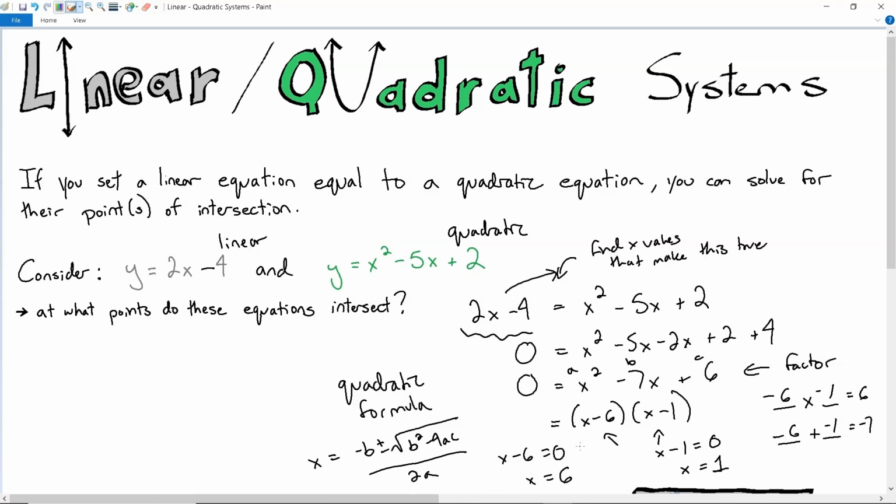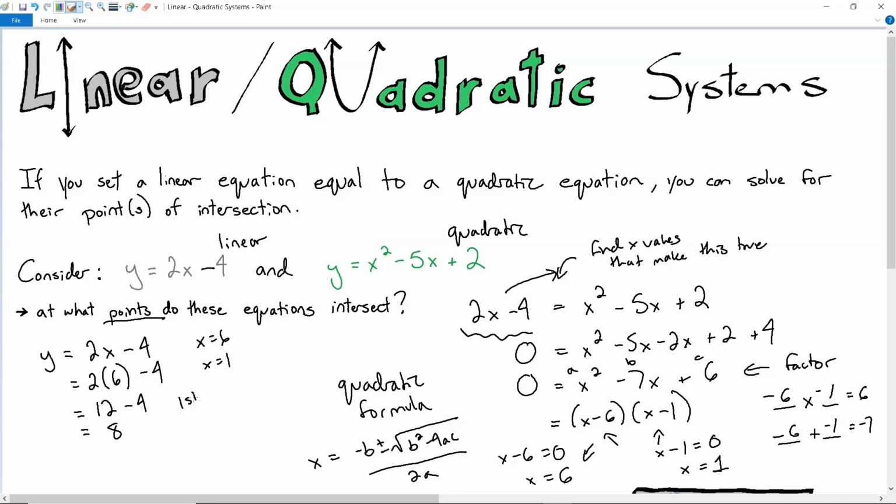Now, that's the x value of our points of intersection, but we need the full point. And the way we're going to do that is we're going to plug in our x values into one of our equations. So I'm going to pick the linear equation because it's going to be a lot faster. Let's do 6 first. That will give me a 12 minus 4, and I get a y value of 8.